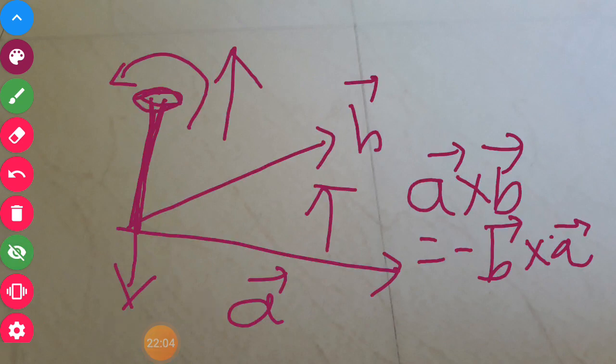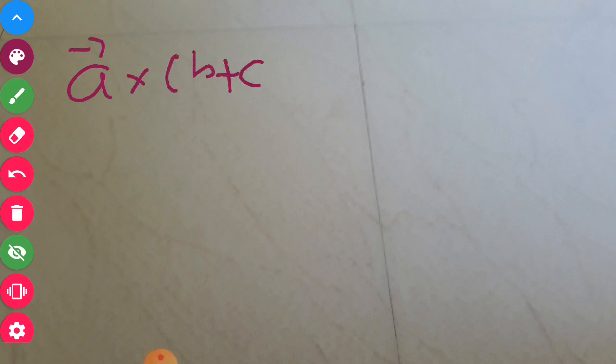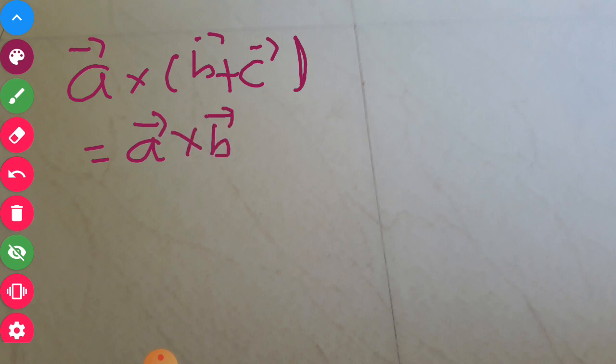The other properties are also there, and they can be understood easily. If it is A cross (B plus C), then you can write A cross B plus A cross C. You can open the bracket, but order is very important.